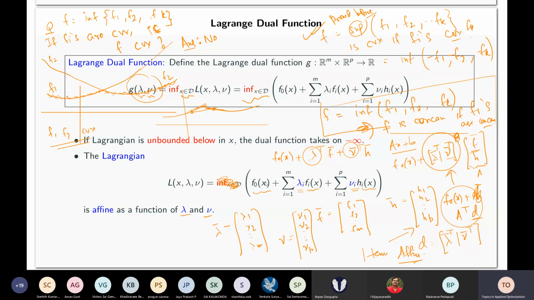But in this case, what we have here is affine, so this is both concave and convex.